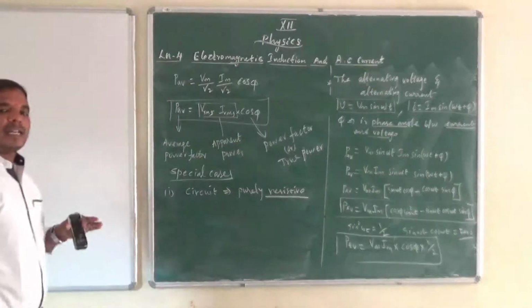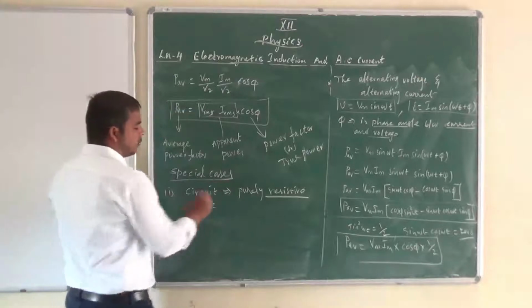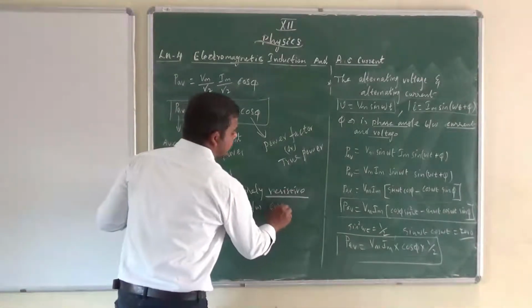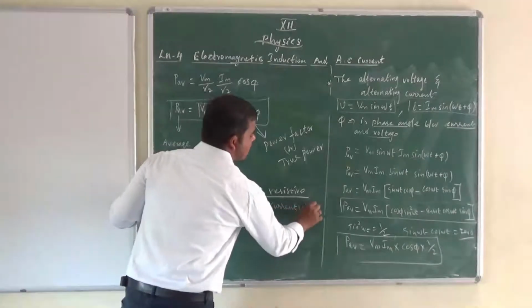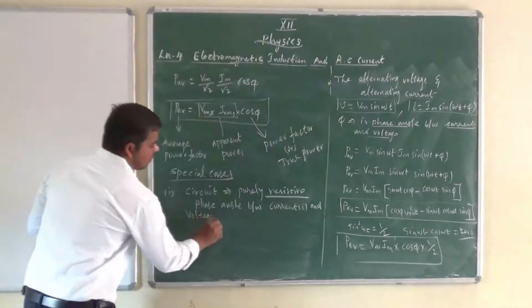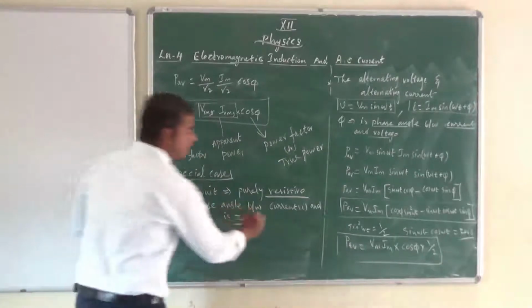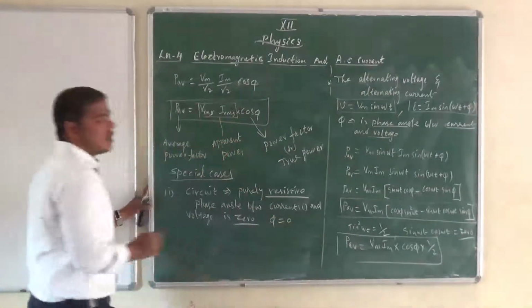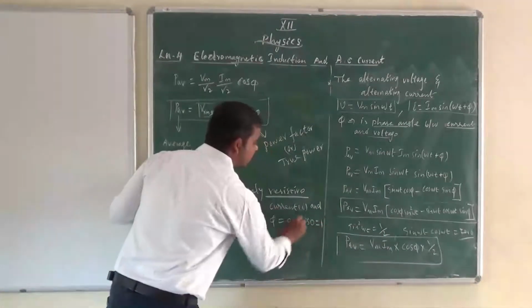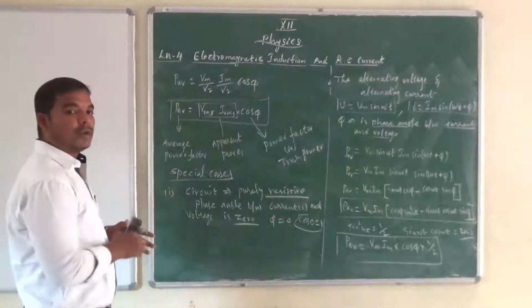The phase angle between current I and voltage is 0. So phase angle phi equals 0, which means cos phi equals cos 0, which equals 1. That is the power factor, because cos 0 degree gives 1.